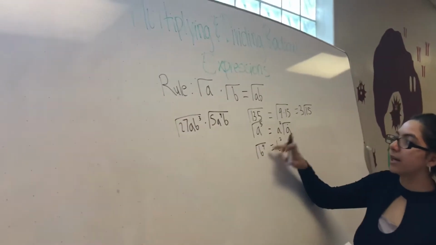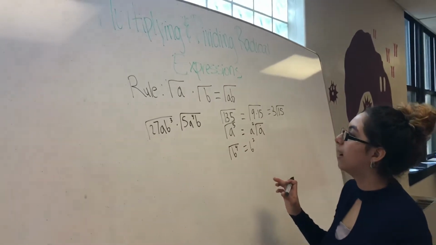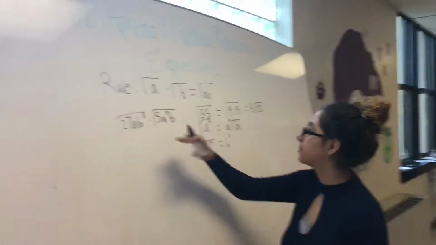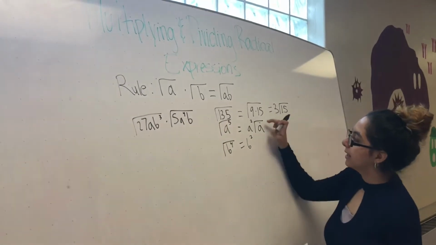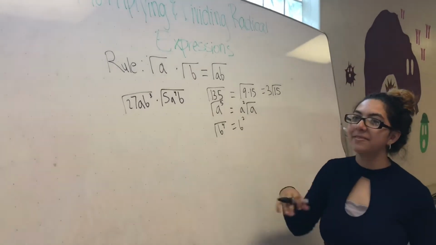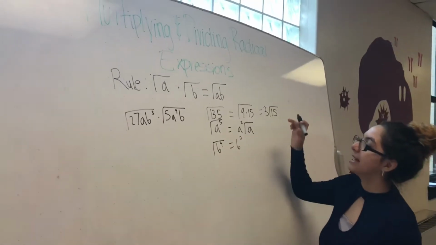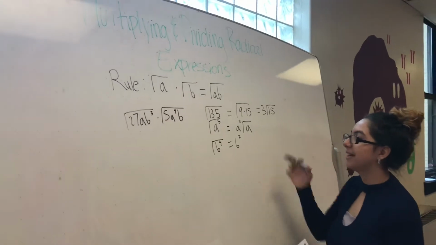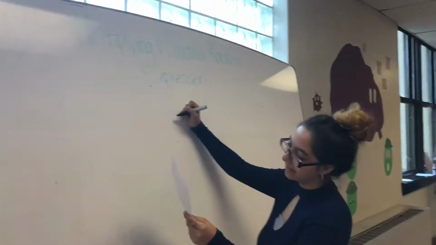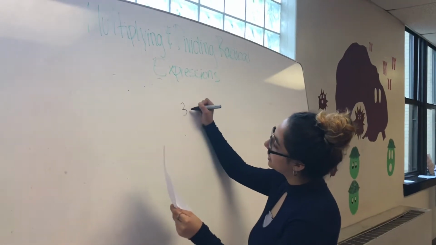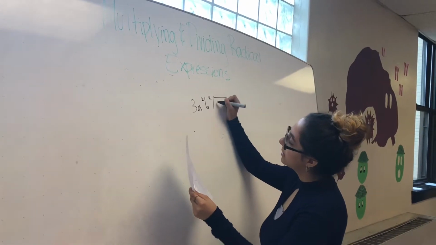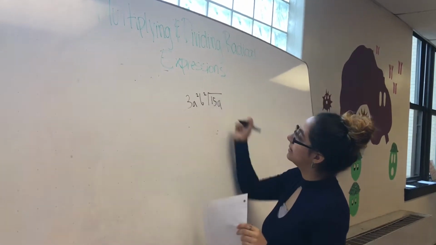For these two variables, all you do is add the exponents. For simplifying, you ask yourself how many times 2 goes into 5. It goes in 2 times with 1 left over, and then 2 goes evenly into 4. The final answer is 3a squared b squared square root 15a.